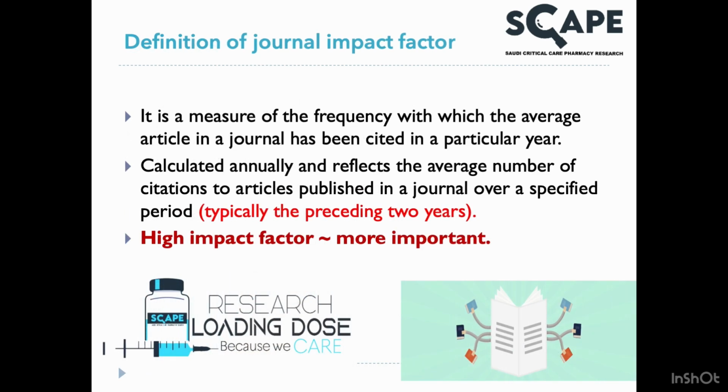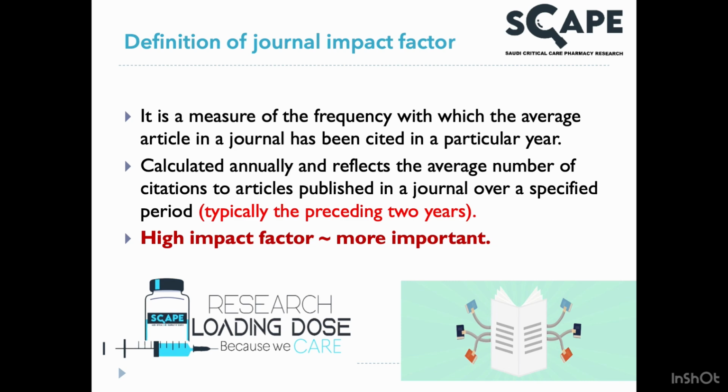Definition of journal impact factor. Actually, it is a measure of the frequency with which the average article in a journal has been cited in a particular year. What does that mean?